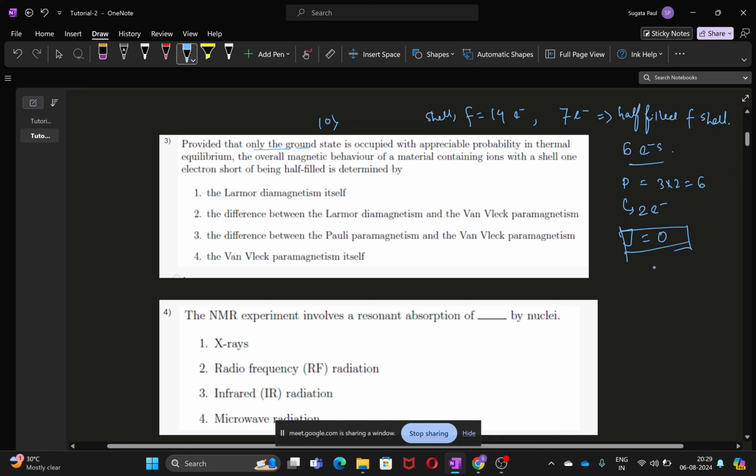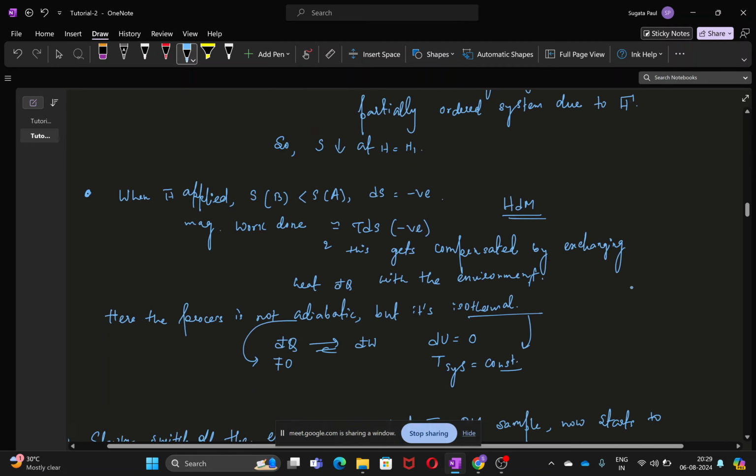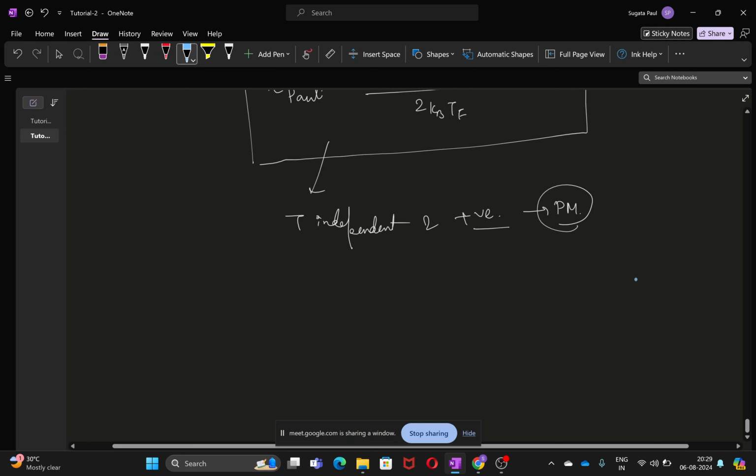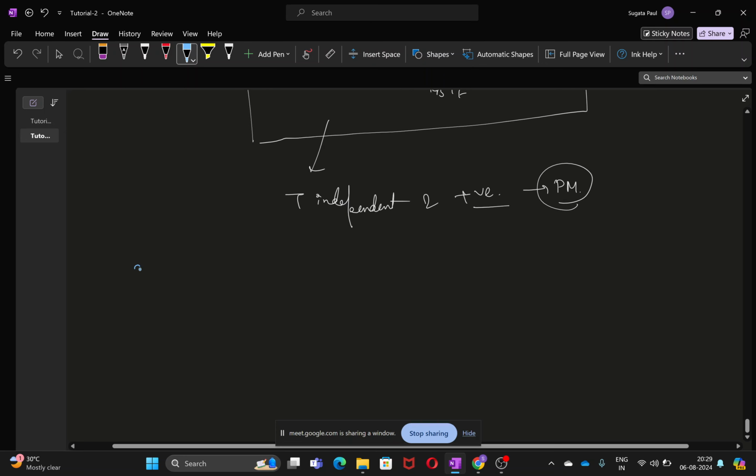Okay, so your J is 0. For example, you can choose any of the examples over here. Let me choose a page separately. Why I am saying that J will definitely be 0 is because depending on that we have to decide which contribution of magnetism will be dominant.